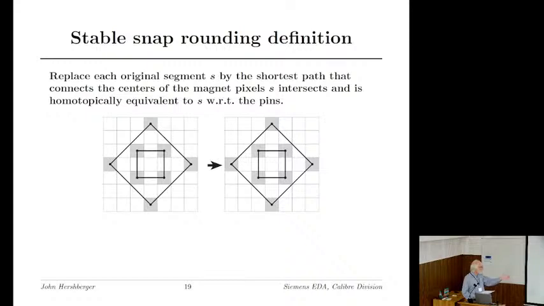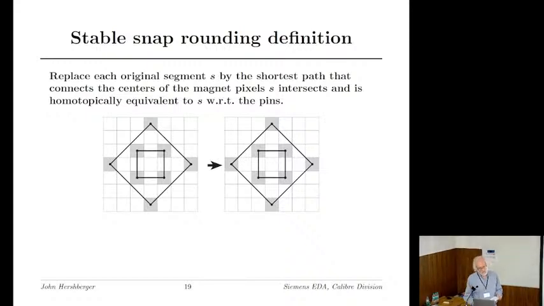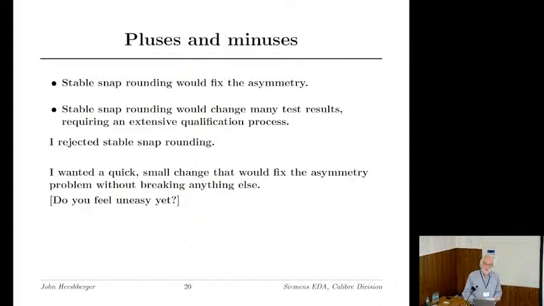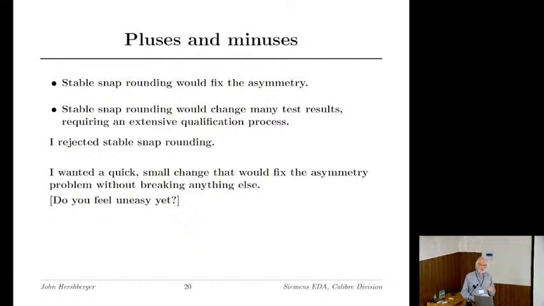We get a symmetric result from a symmetric input. So stable snap rounding would fix the asymmetry, but it would also change a whole bunch of test results. And I had been through a long qualification process, and I really didn't want to do that again. So I rejected stable snap rounding. Instead, I wanted something small and simple that would fix the asymmetry, and it wouldn't break anything else.